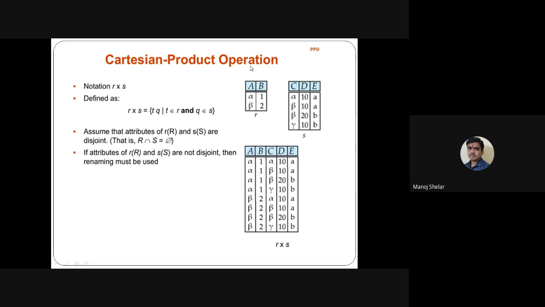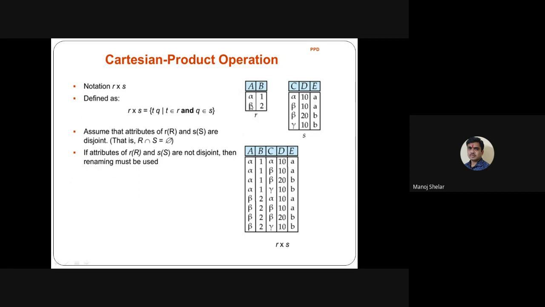Cartesian product operation. Okay, in Cartesian product, a simple example. In Cartesian product, it is denoted by this cross notation. In exams, sometimes questions come on the Cartesian product. Cartesian product means, simply, the total number of records in the first relation is 1, 2.